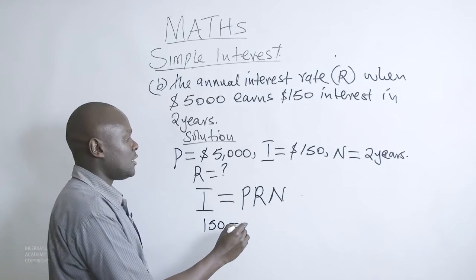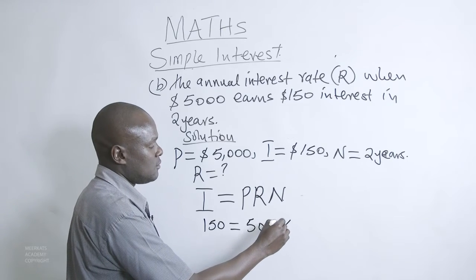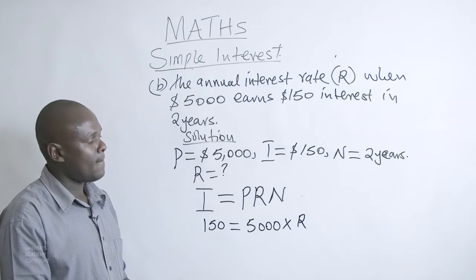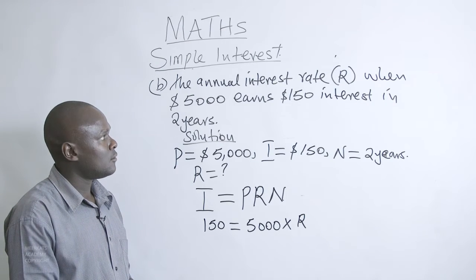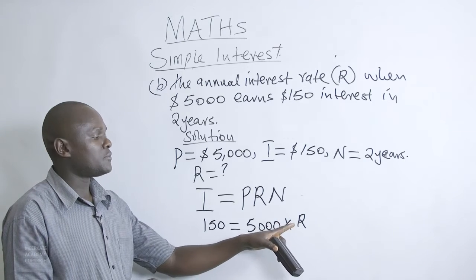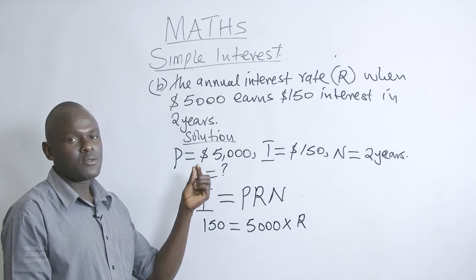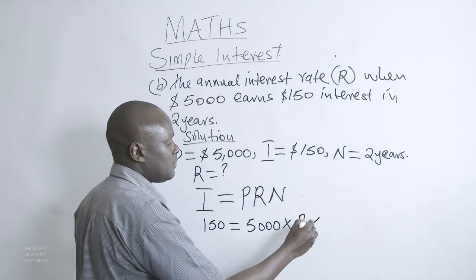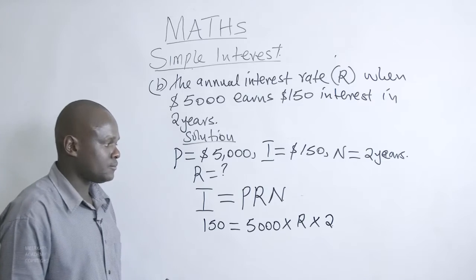This should be equal to the product of the principal, which is $5,000, and the rate that we don't know. And this rate, initially we were expressing as a fraction, by taking the rate out of 100. Then we multiplied by the duration, which is 2 years.